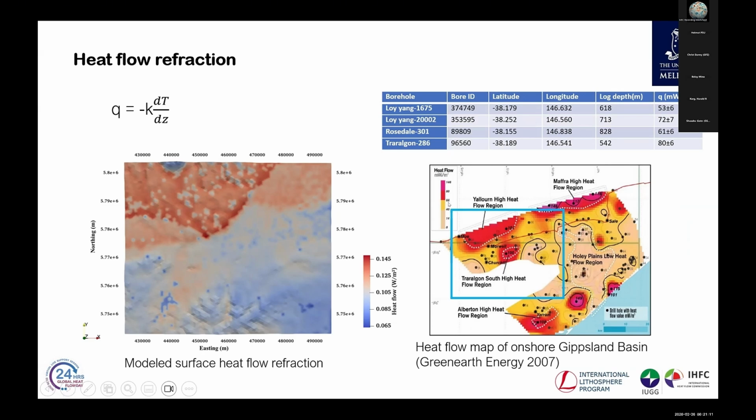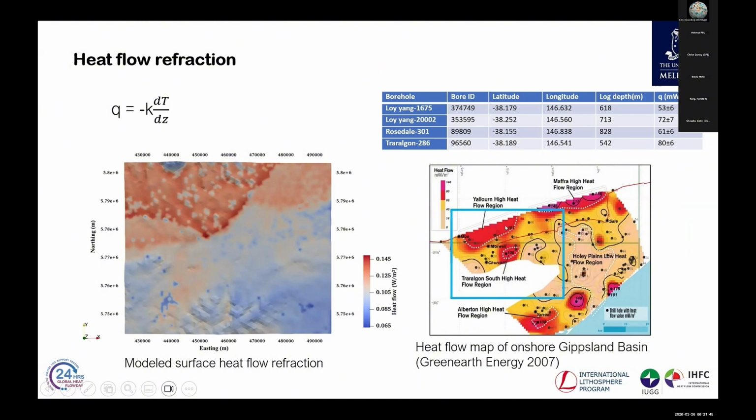This is the same approximate extent of the study area, and you can see here the previous heat flow map of the onshore Gippsland Basin done by Green Earth Energy in 2007. They produced this map with values up to 100.6 milliwatt per meter square, which is more or less within the range of the model heat flow values.